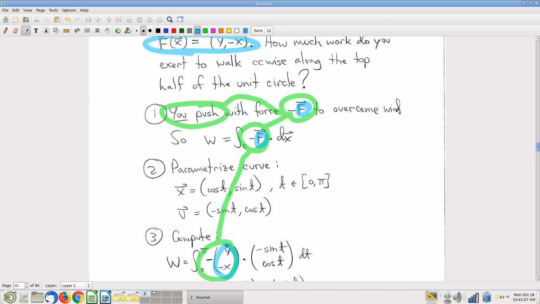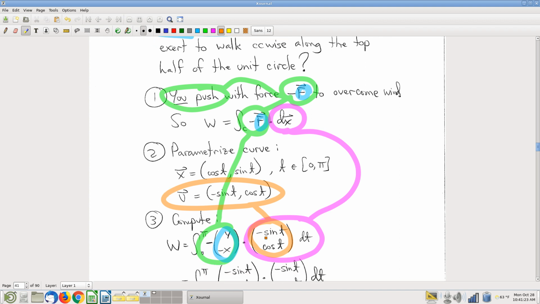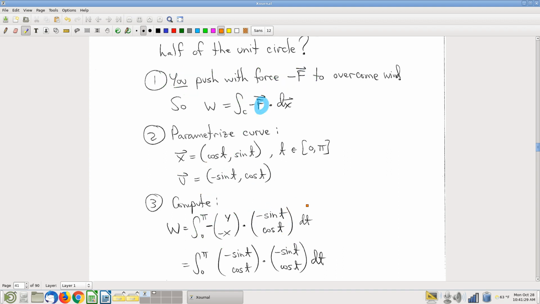Okay. Right, so let's see here. dx is velocity times dt. Here's the velocity. Yeah, everybody good so far? What's the deal with the y comma x here? How do I deal with the y comma x?